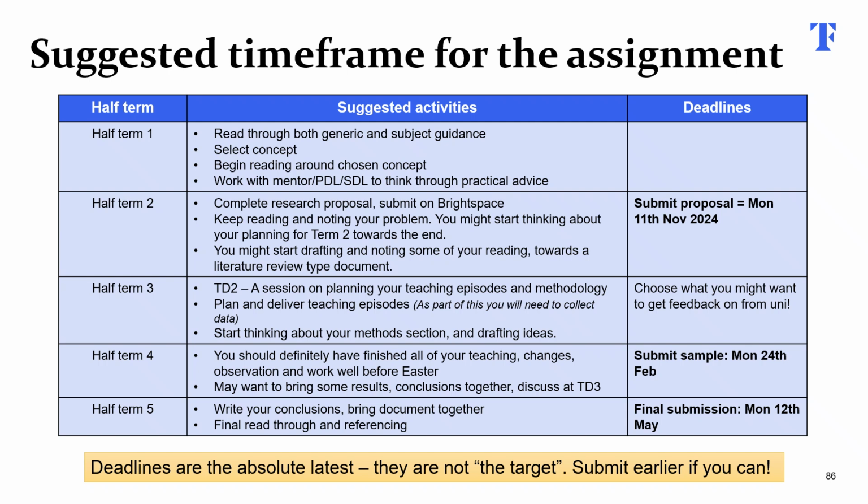So the first 2 points when you hand in your research proposal and your sample of work are a chance to gain feedback on your work so far. So this should give you an idea of what you should have completed at a given time within the year. So the proposals are in around November time, the sample early next year, and then the final submission.